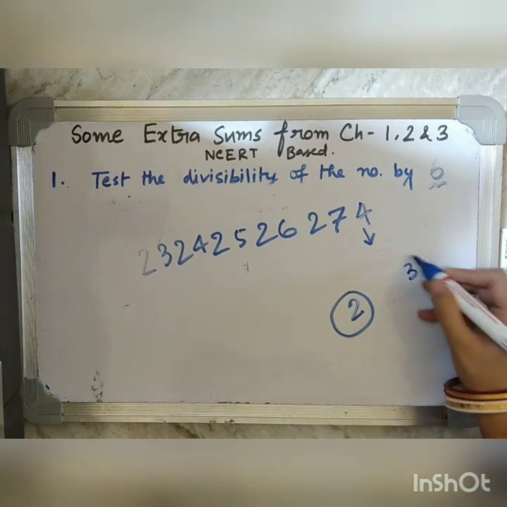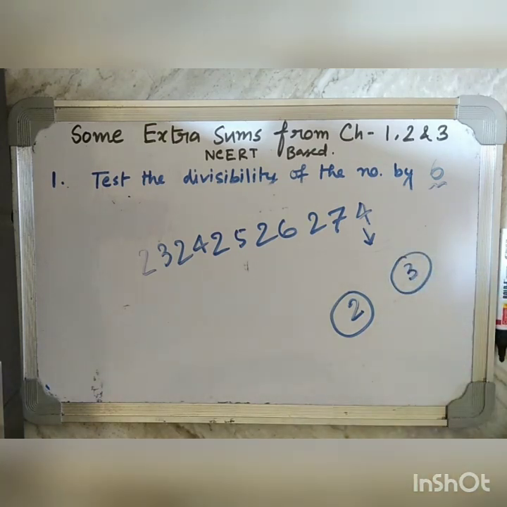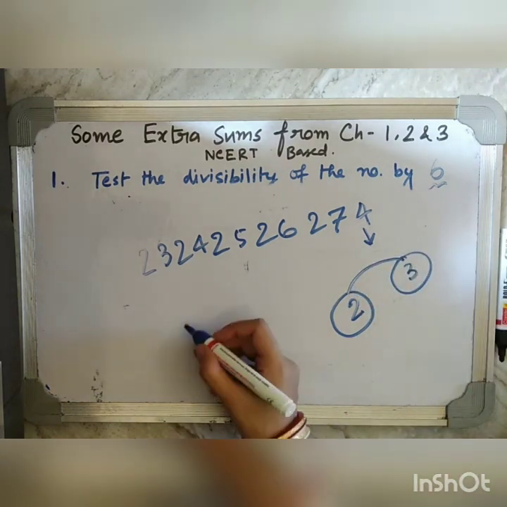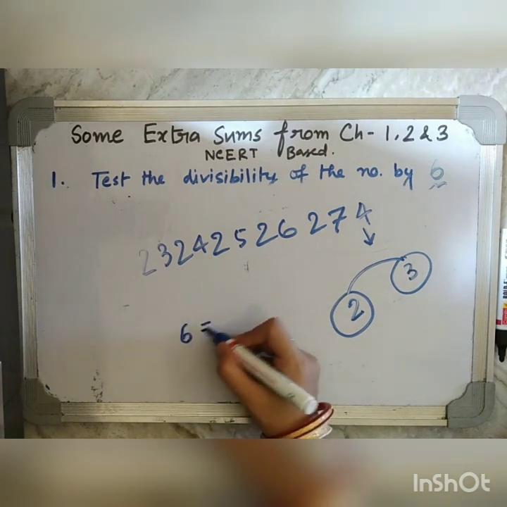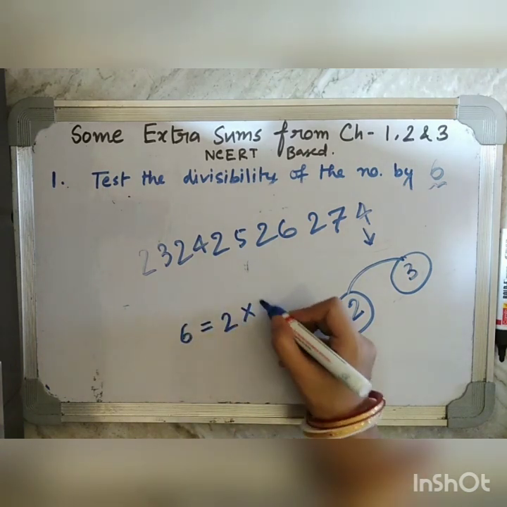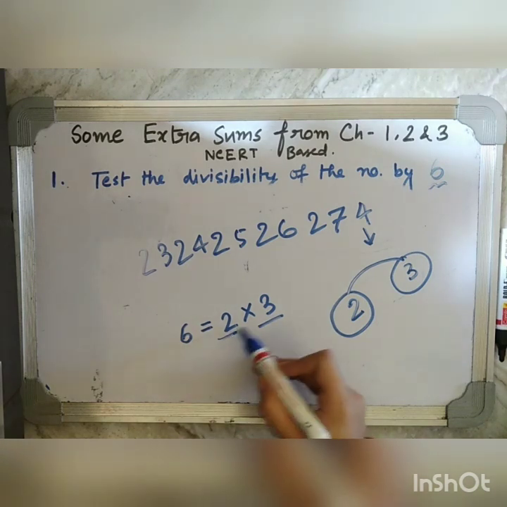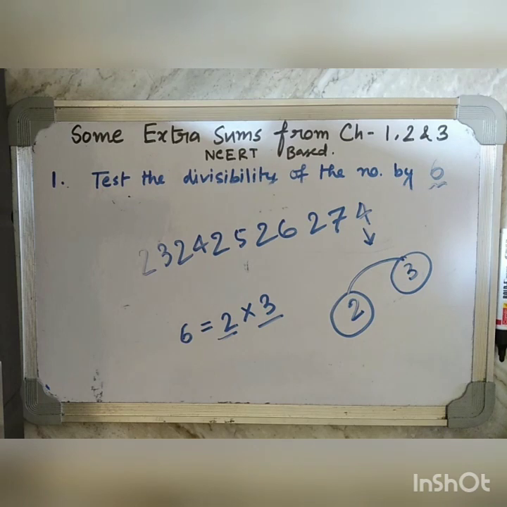Then we will check whether the number is divisible by 3 or not. Why are we taking these two numbers? Because if we write 6 in this way, 2 and 3, these two are co-prime factors of 6. Isn't it? These two numbers are co-prime factors of 6.